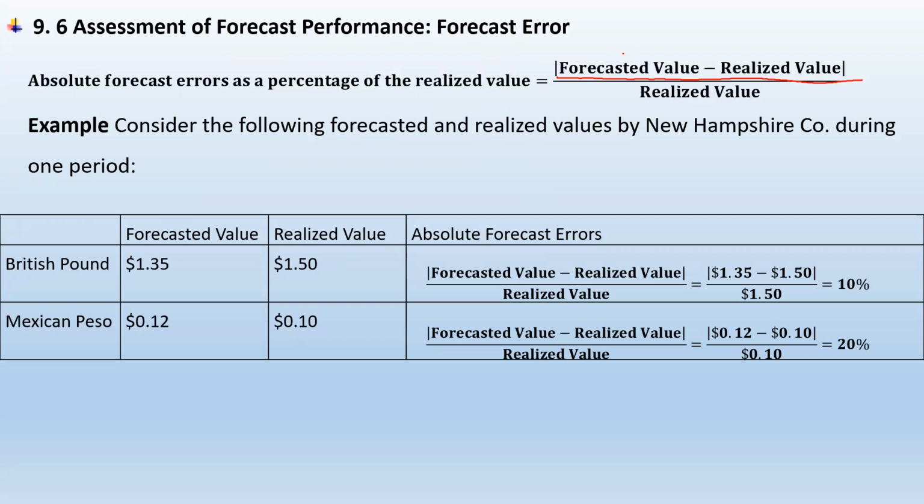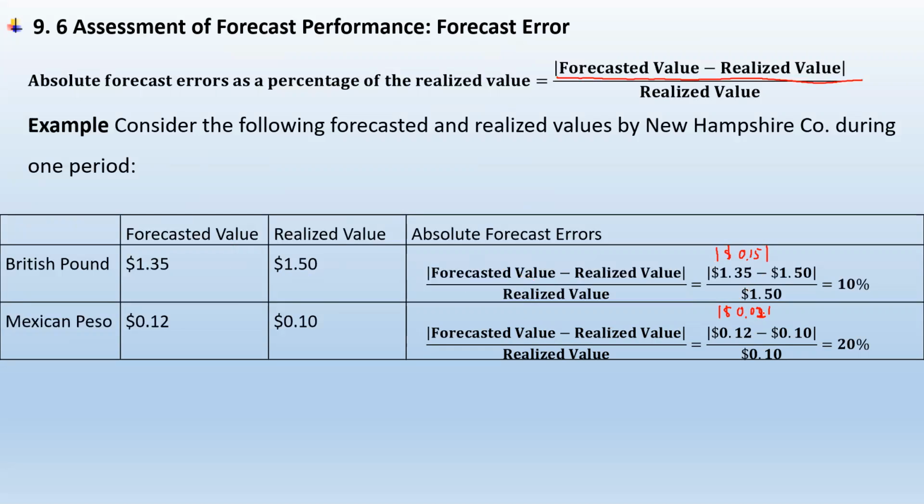If we do not represent it as a percentage of realized value, then the absolute forecast error for British pound is $0.15. This is the absolute value. And for Mexican peso it is 0.02. So in this case, if we just look at the absolute value, we may think that Mexican peso actually has a better performance.